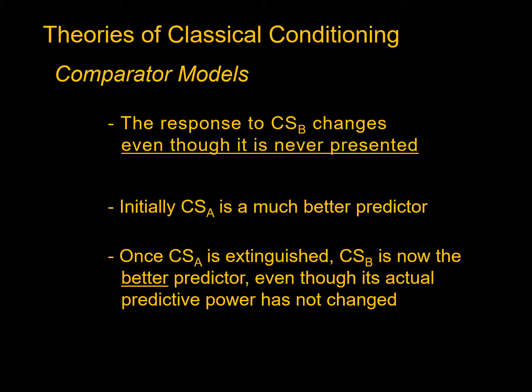And so the great predictor is the one you're going to pay attention to. But if I extinguish that really good predictor, now the bad one is the best one you have. And that's the one you're going to start showing response to, even though it hasn't got any better at predicting, it's now the best one you've got.